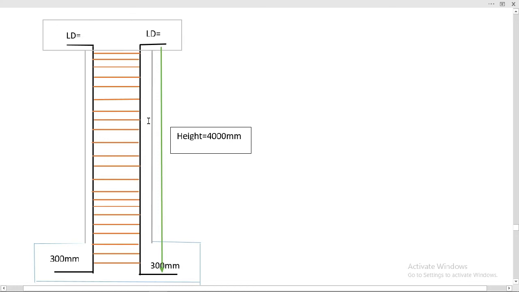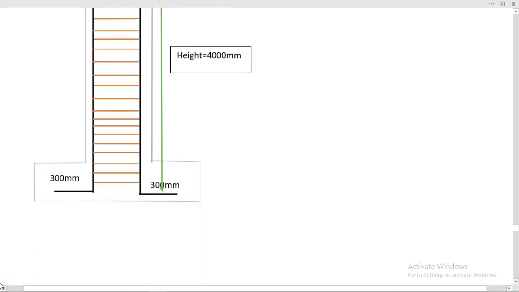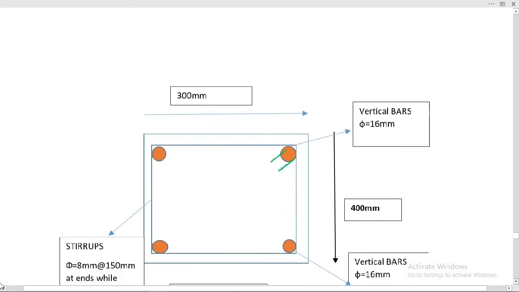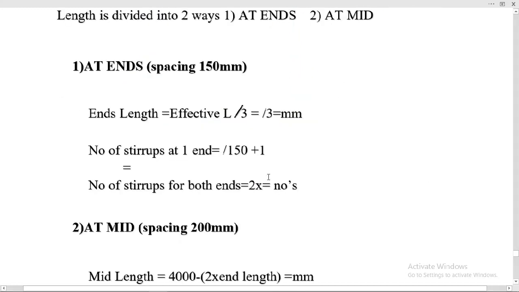The formula to calculate the ends of the column is L by 3, where L is the effective length after subtraction of the concrete cover. Let's calculate the number of stirrups at the ends. First we calculate the number of stirrups at one end, then multiply it by 2 to get the number at two ends of the column.